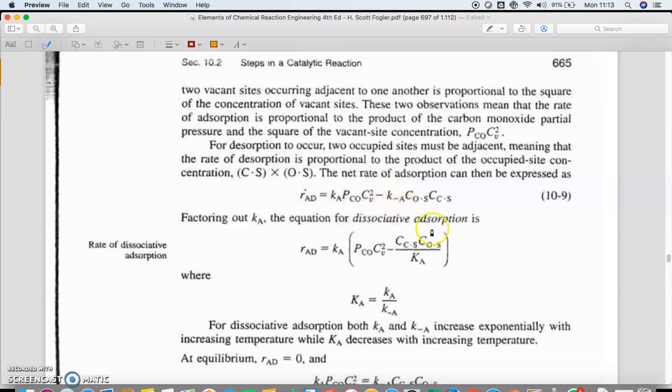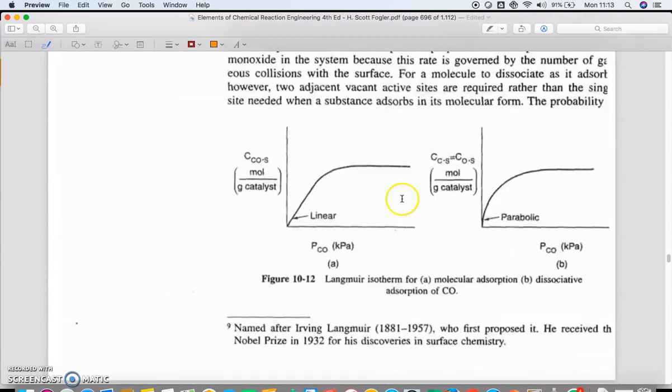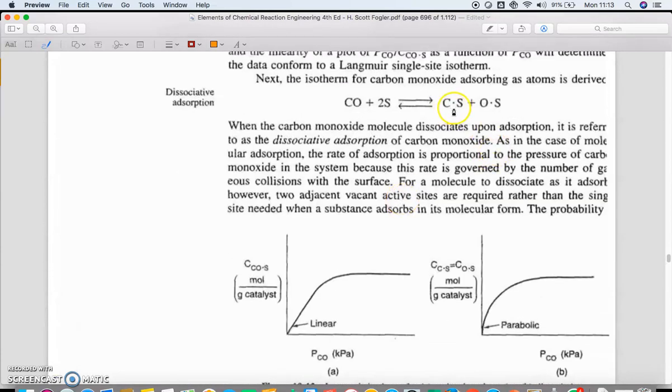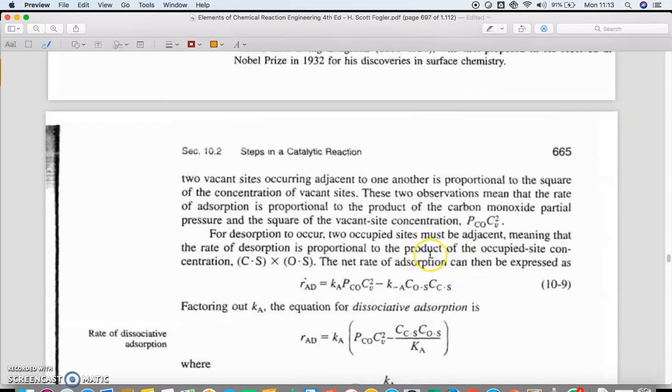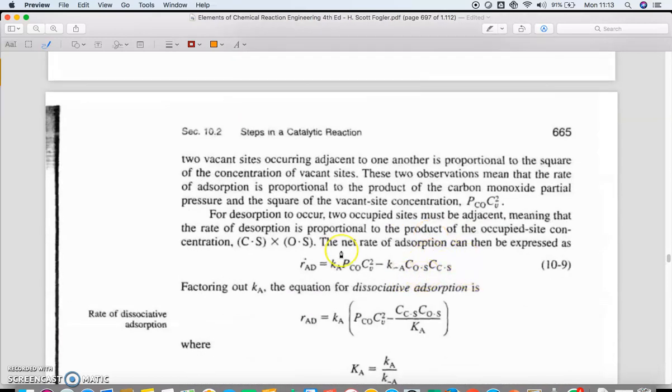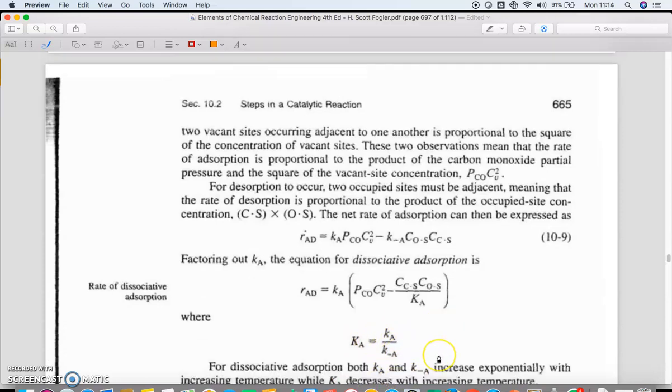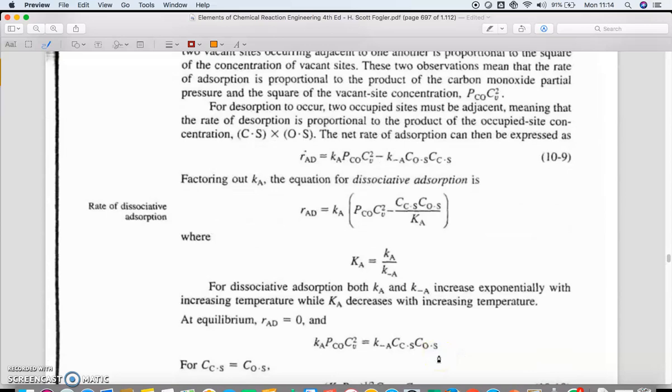And then for the rate of detachment, it's K minus A times C dot S times CO dot S. Understand? Then you simplify it to this form, where capital Ka is Ka over K minus A. So that is an example for the absorption part.